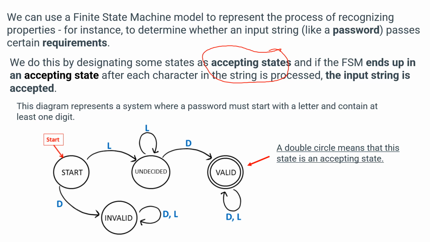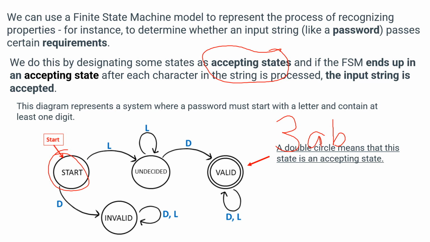Let's say I start out by putting in this password, 3AB. We know that's not right because it has to start with a letter. So let's see what would happen with this diagram. We start at the start state right here. The D stands for inputting a digit, and L stands for inputting a letter.